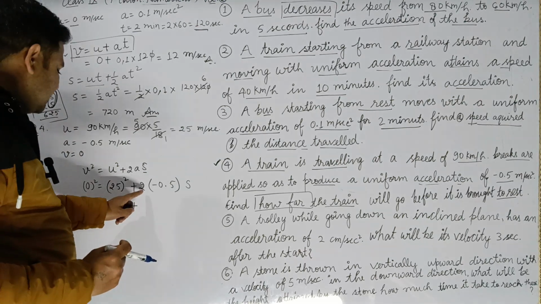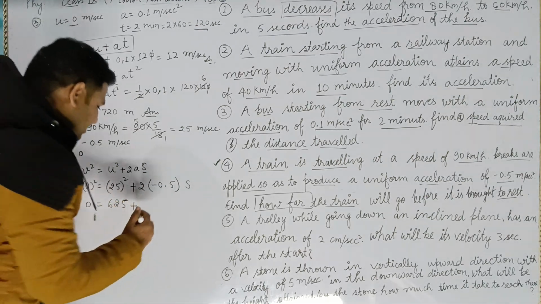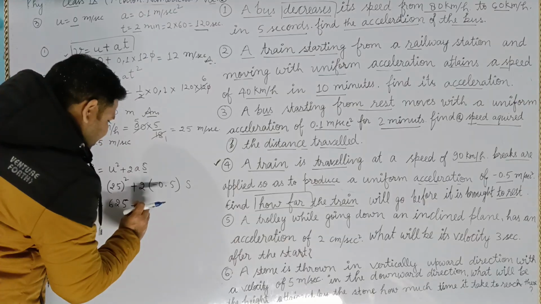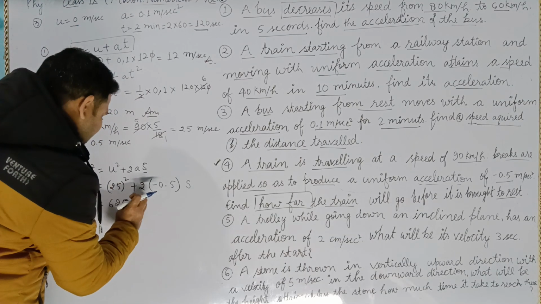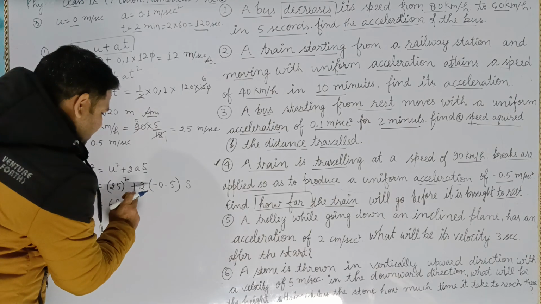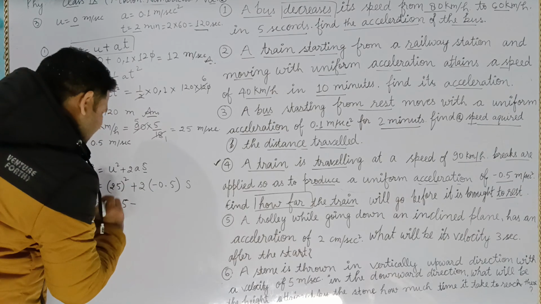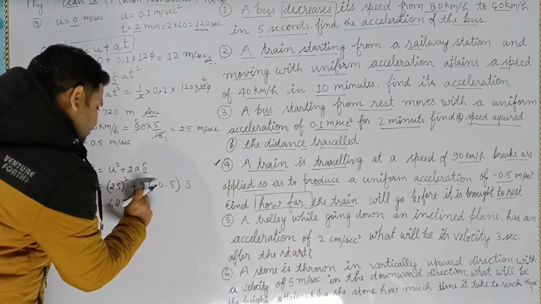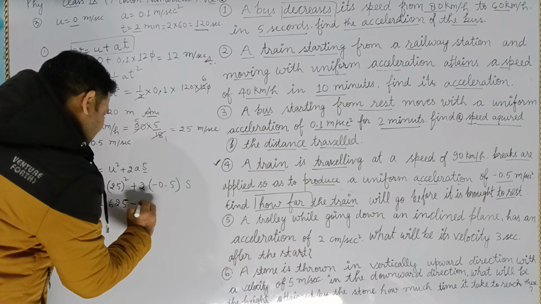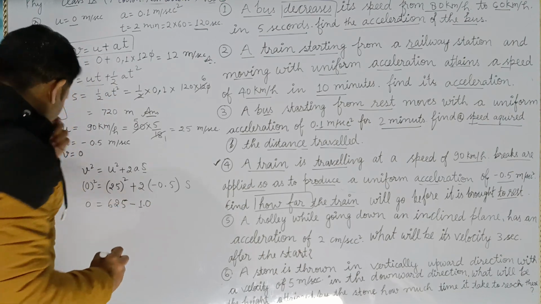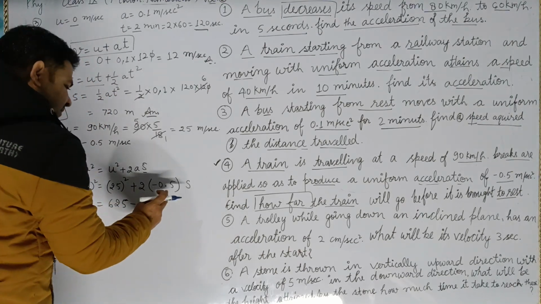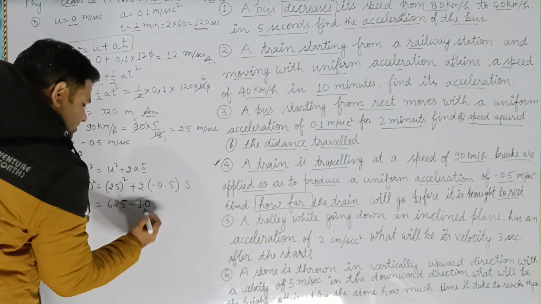Multiply 2 into 0.5, which is 1.0, and it will be negative, because plus and minus make minus, with the decimal at one place.